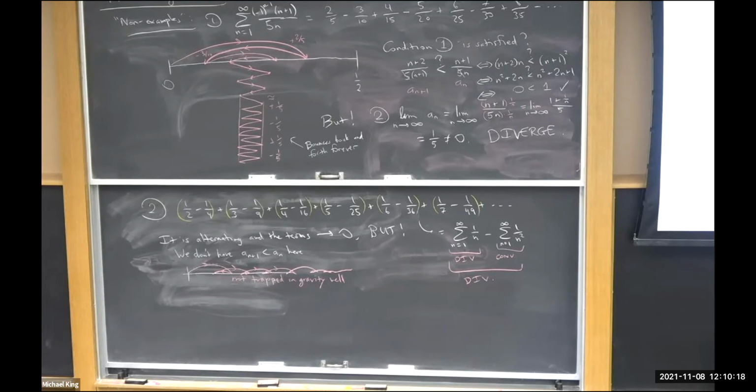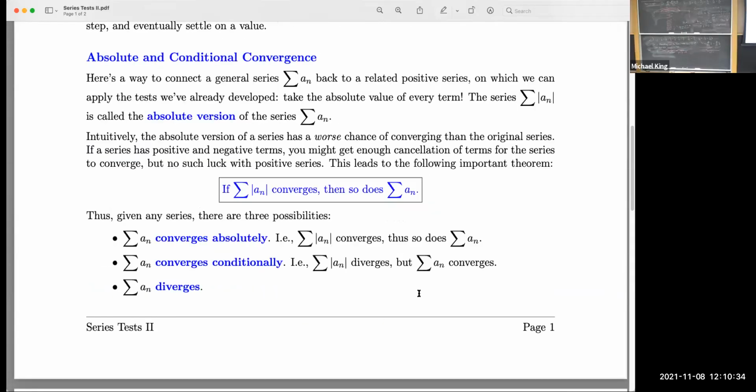Okay, so that's the alternating series test. And then if you go to the bottom half of this page, let's talk about this stuff for a few minutes. This is still a little abstract, but I'll give you some examples to hold on to.